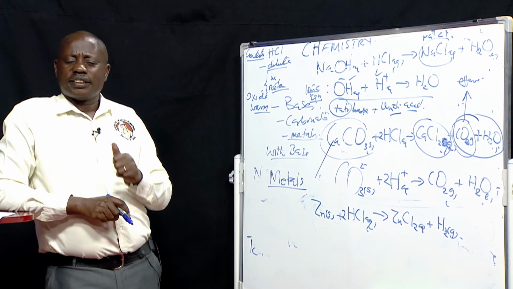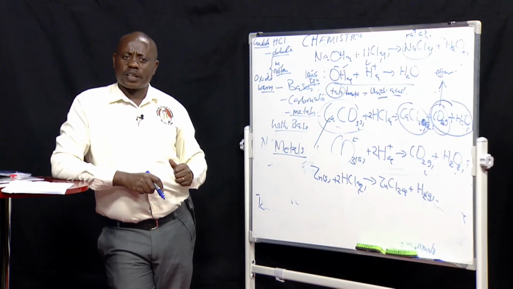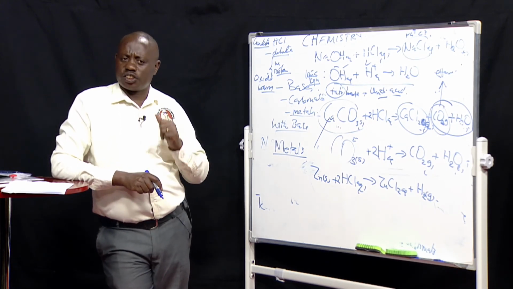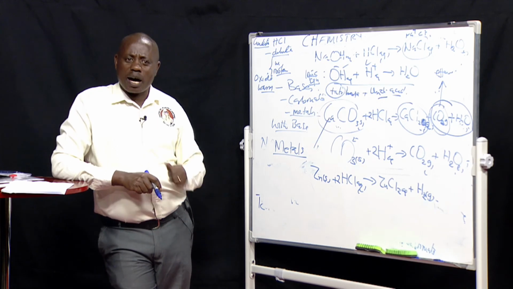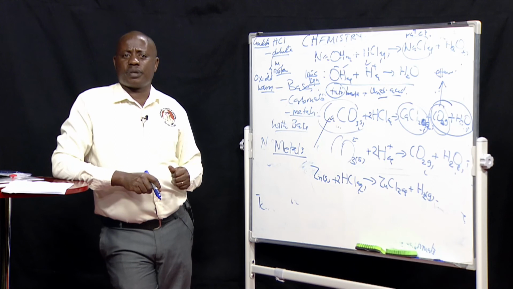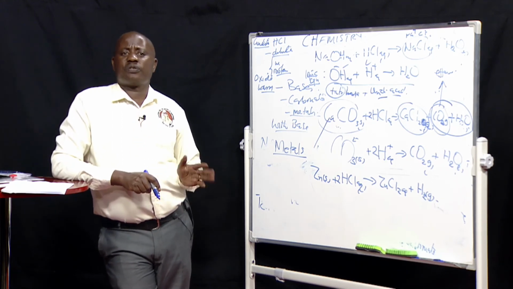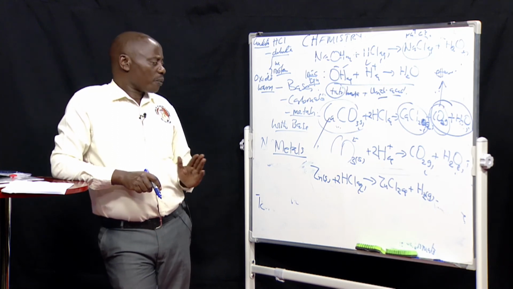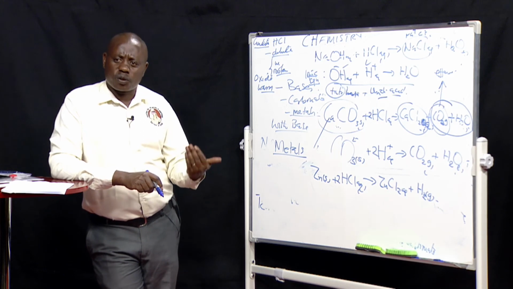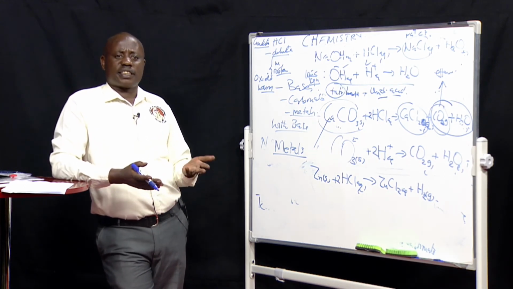With oxide, the reaction is not fast. The reaction between hydrochloric acid and any oxide is faster when the mixture is warmed. But with carbonate and with metal, the reaction is even exothermic. Therefore, it proceeds at room temperature and at a fast rate. So, those are the reactions in which hydrochloric acid or hydrogen chloride is acting as an acid.